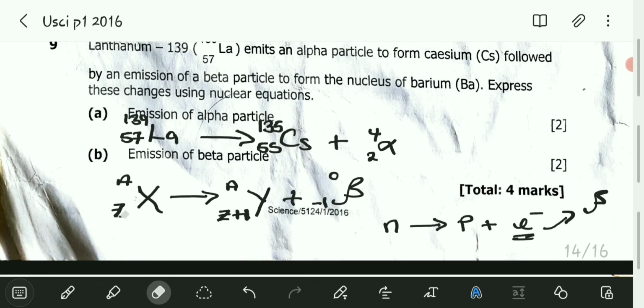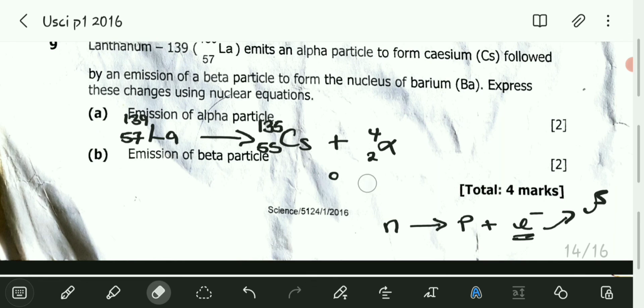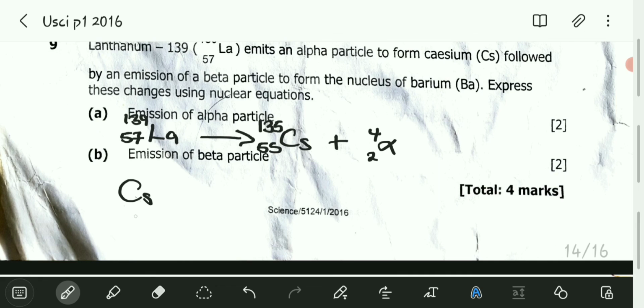So it is only the proton number that is going to increase by 1, followed by a beta particle. We have cesium, Cs, with atomic number 55 and mass number 135.